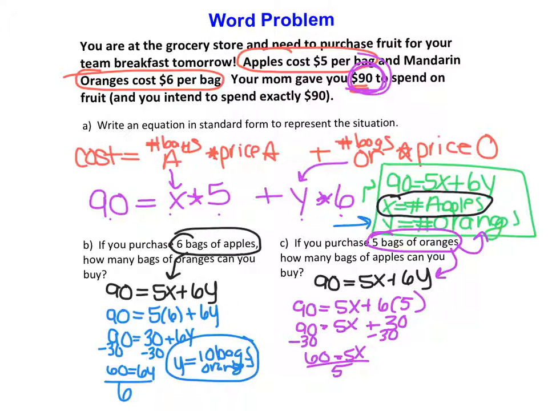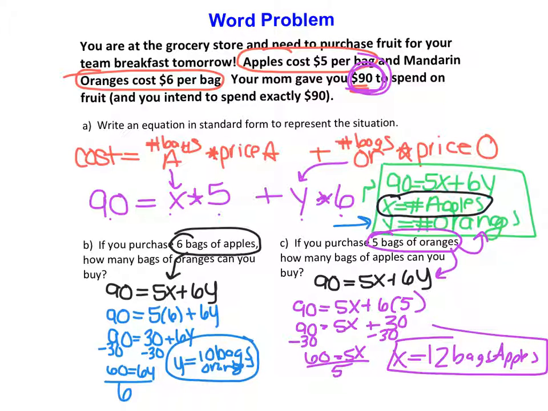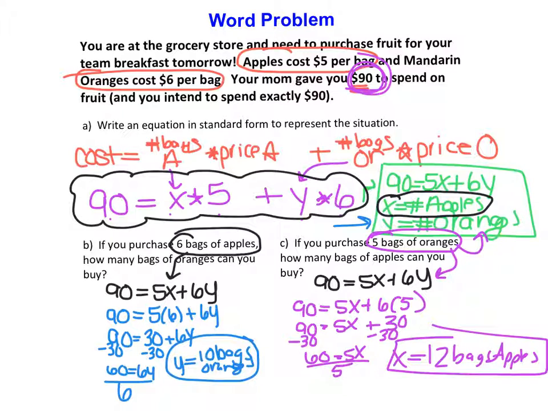And I find that when I buy 5 bags of oranges, I can actually buy 12 bags of apples. So standard form is great for these cost calculating equations where we have the cost is equal to, and then you have the number of that item times its price plus the number of another item times the other item's price.